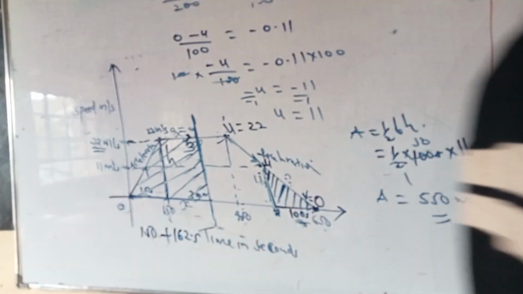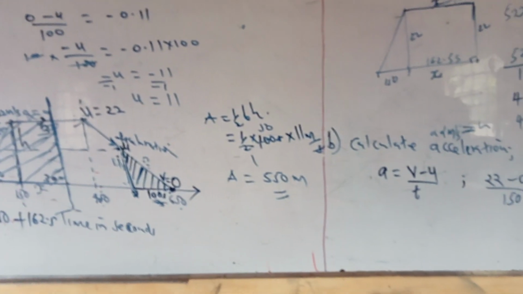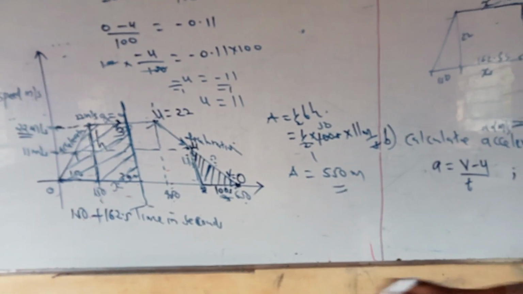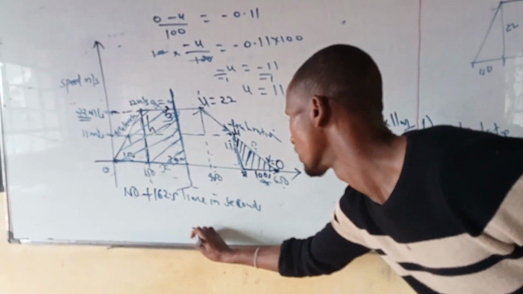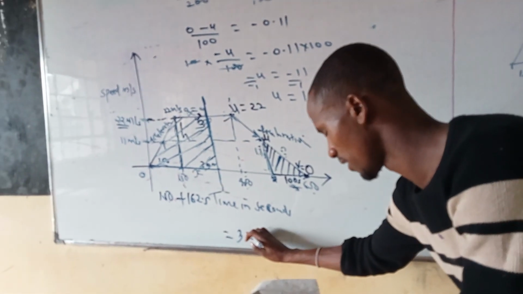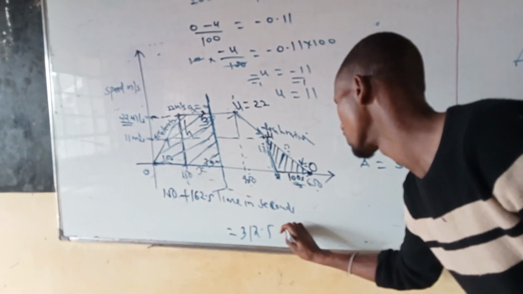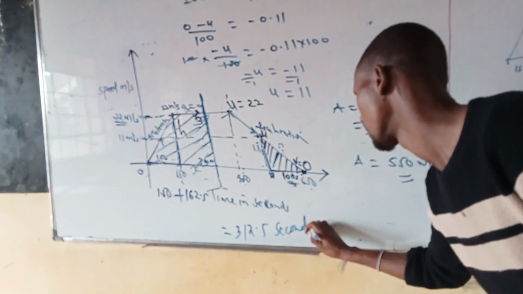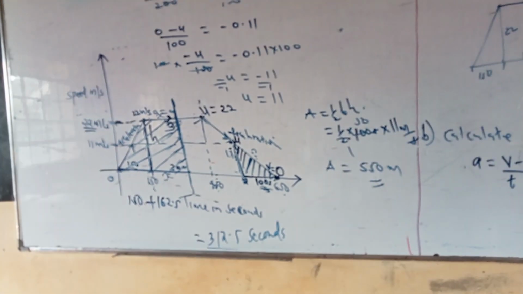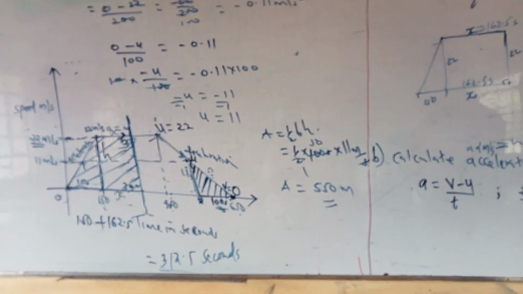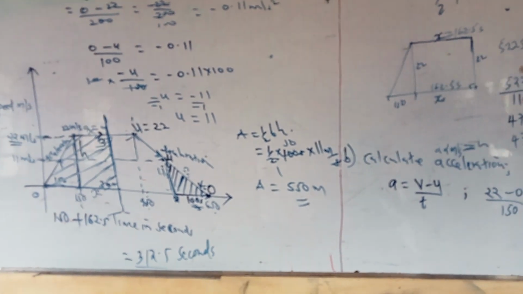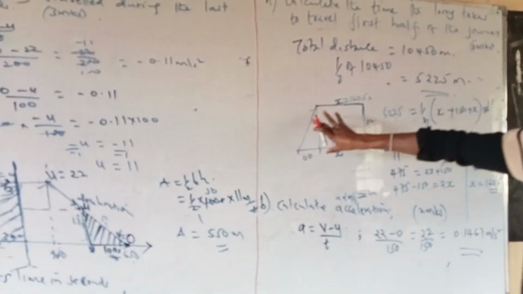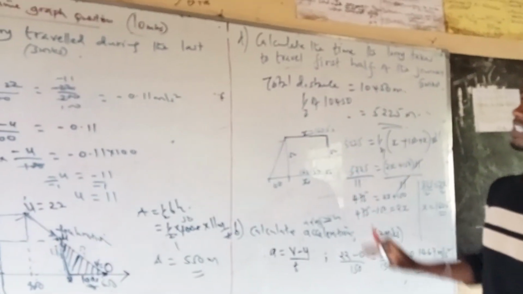So 150 plus 162.5 will give us 312.5 seconds. So that is how we get the time the lorry took during the first half of the journey.